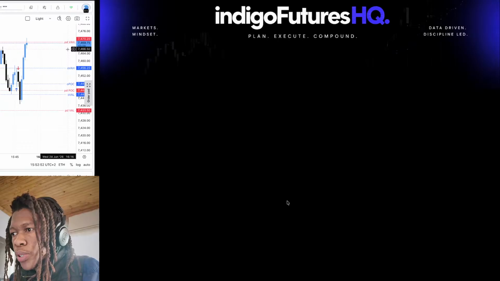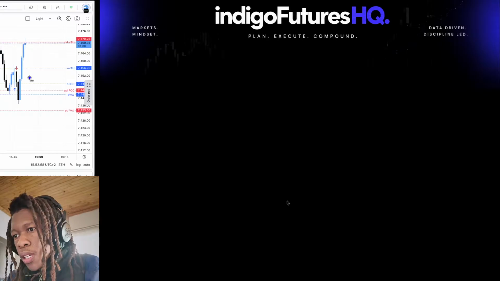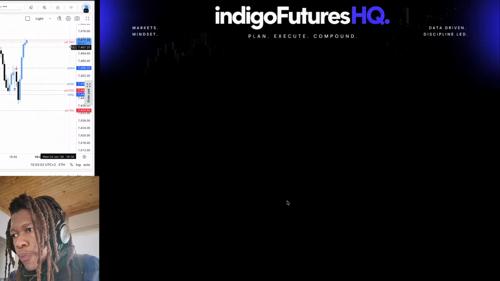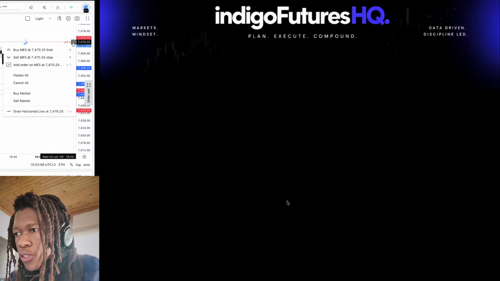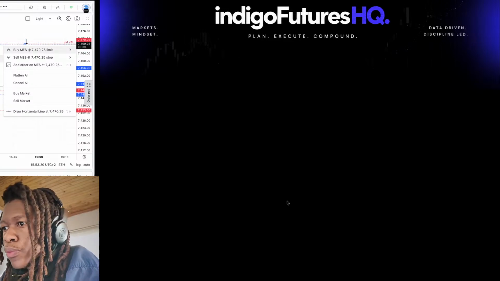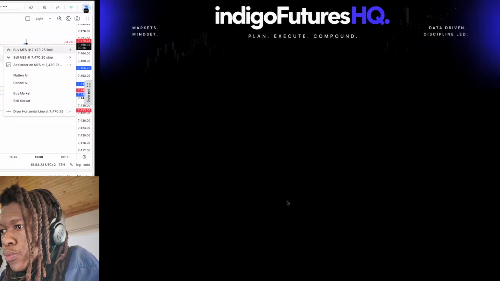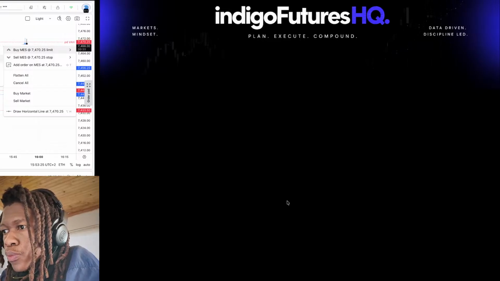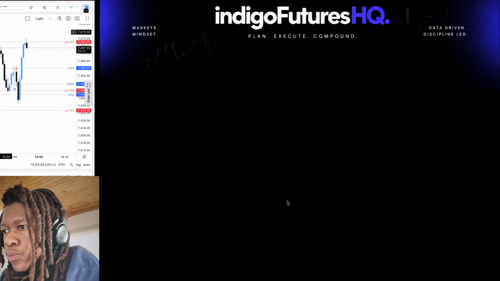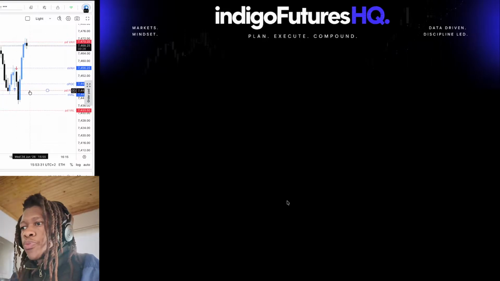If you can break cleanly above this and still have... let's give this a shot with the retest. Wait for this candle to close. Maybe a good thing that we waited.